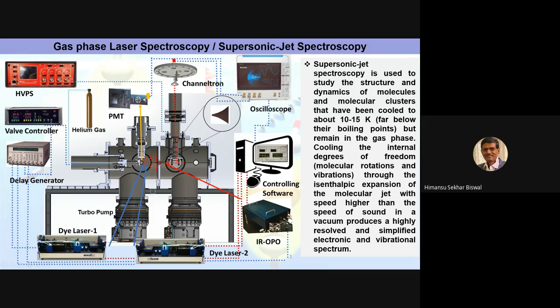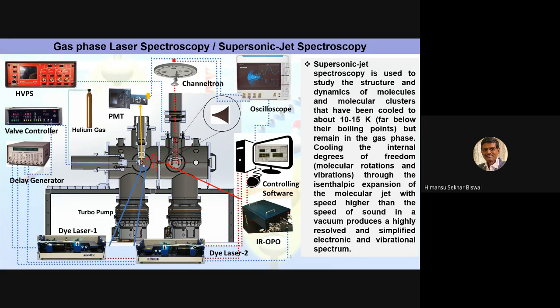Imagine before the pre-expansion, the pressure is about 1 atmosphere, about 1000 torr, and then it expands to a vacuum. Imagine a syringe loaded with an injection solution.